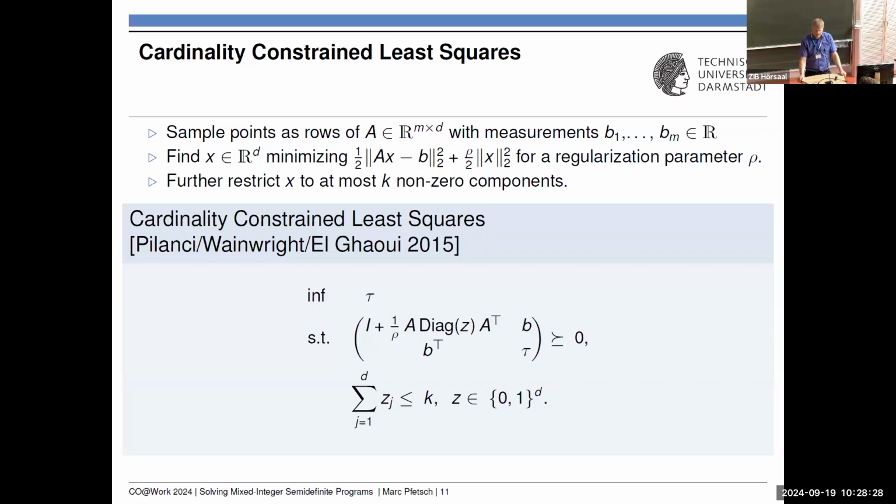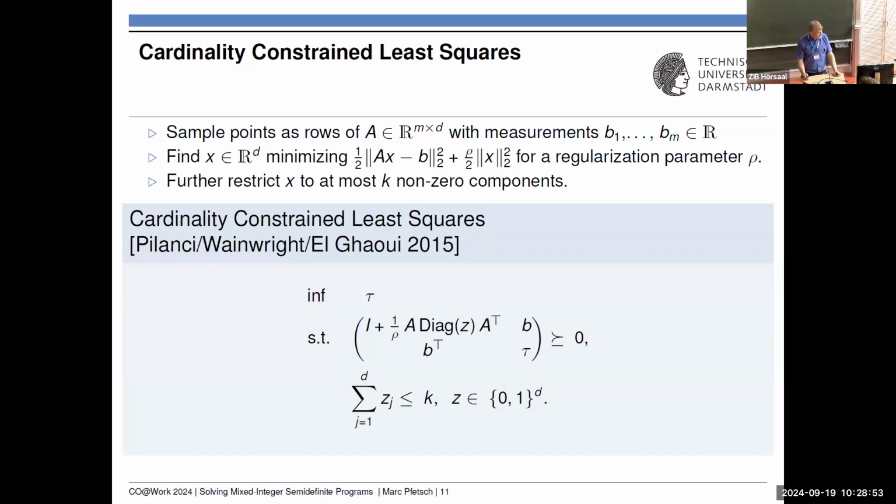It's a well-known model in machine learning. And that was shown in this paper given here, it can be written as a mixed integer SDP that looks like this. The details are not so important, but I just wanted to show you that such problems can be formulated as mixed integer programs.